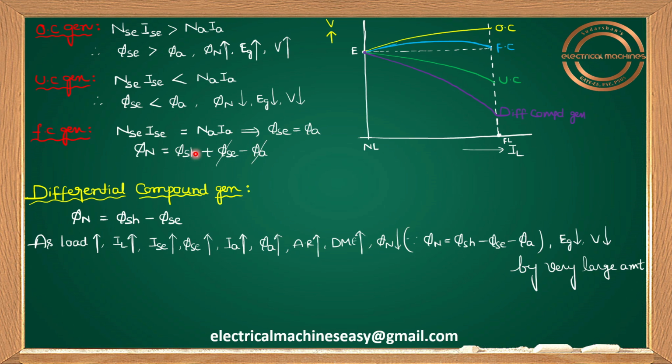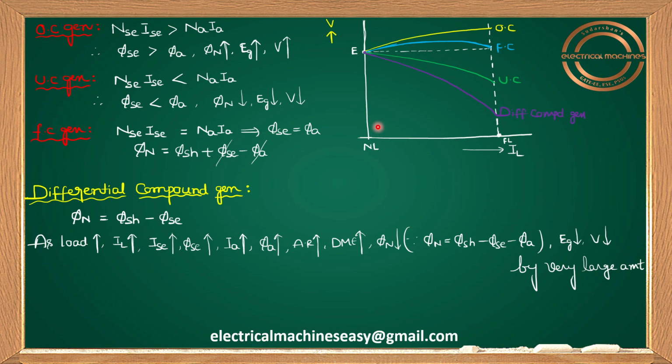Once again, your net flux is the shunt flux here. That means EMF corresponds to shunt flux. Under no load condition also, EMF corresponds to shunt flux, E. And full load condition also, EMF corresponds to shunt flux, E only. This is no load EMF E, and at full load also for flat compound, I used the blue color. Yeah, full load condition also I'm getting EMF once again E only. Okay, so no load voltage and full load voltage are the same here.